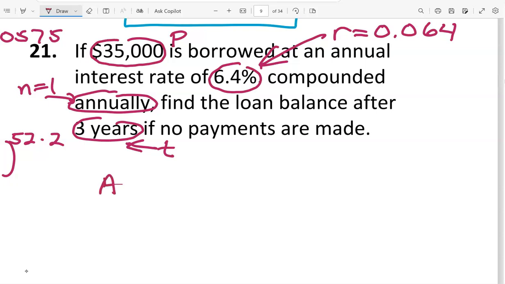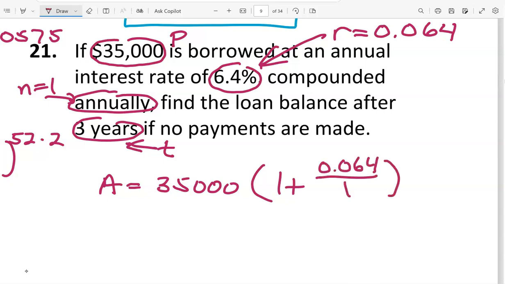Let's put those values in the formula. So A is equal to 35,000 times 1 plus 0.064 divided by 1 raised to the 1 times 3.